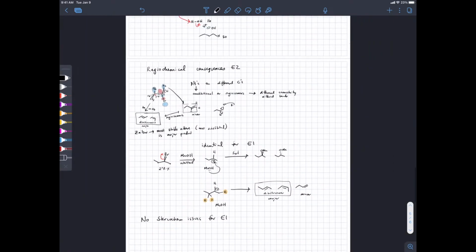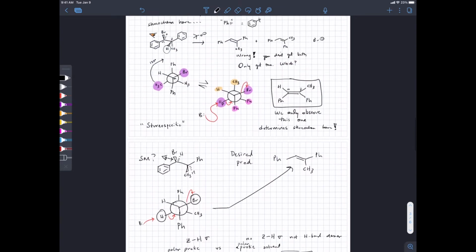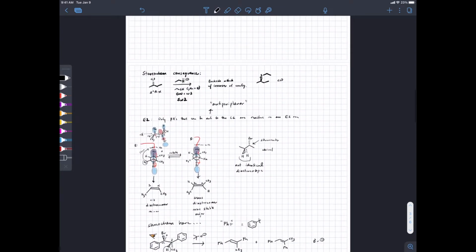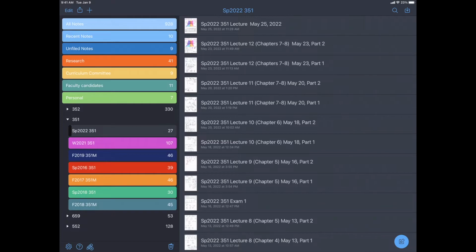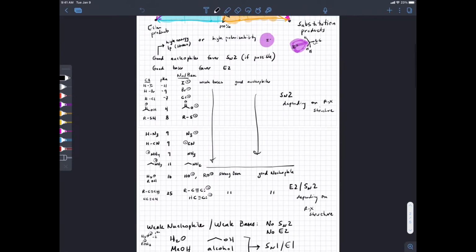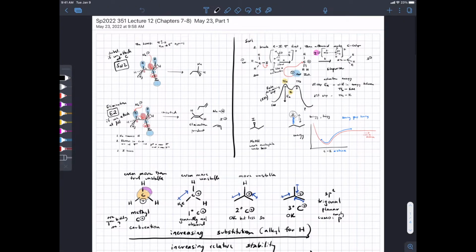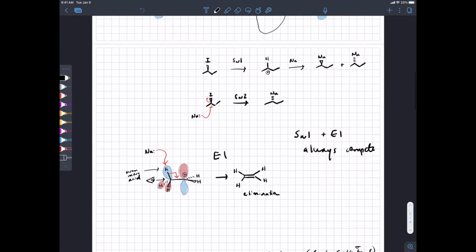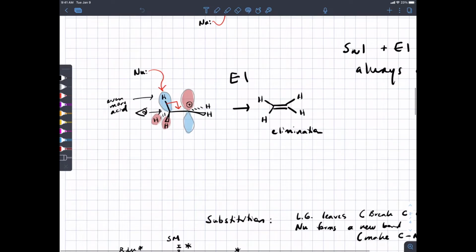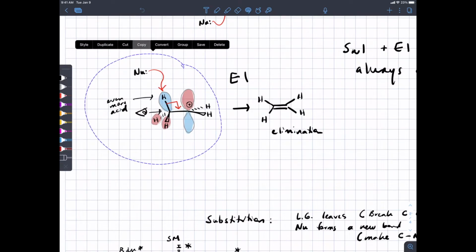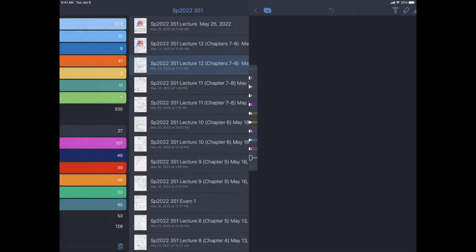The reason for this is we have to go back and look at what the LUMO looked like for a carbocation. And shoot.